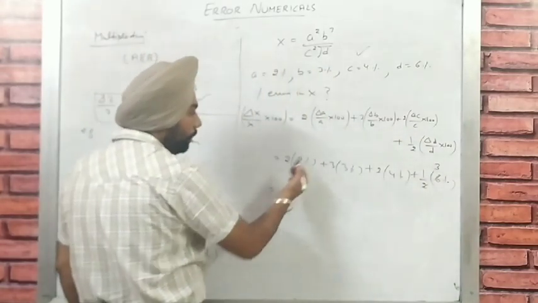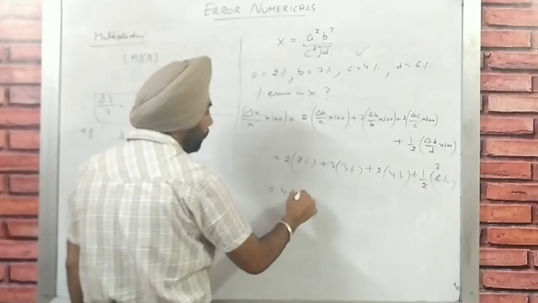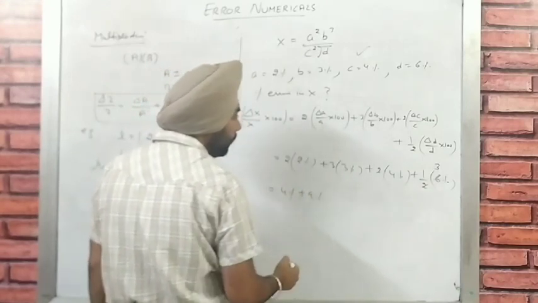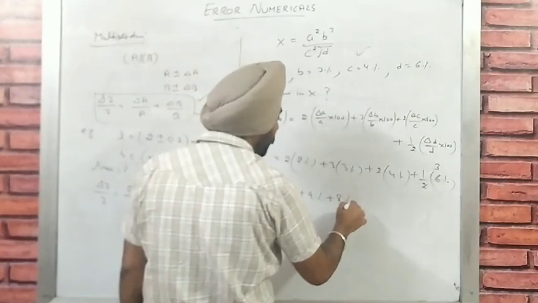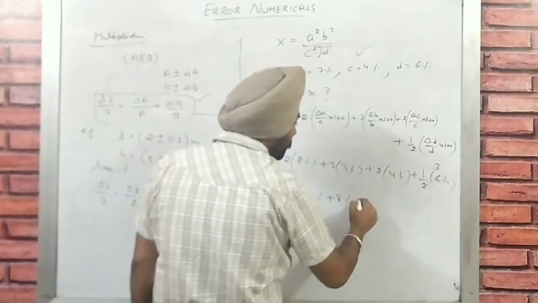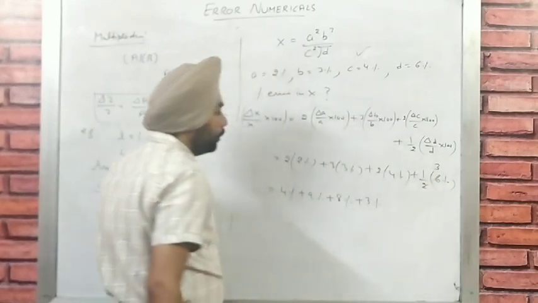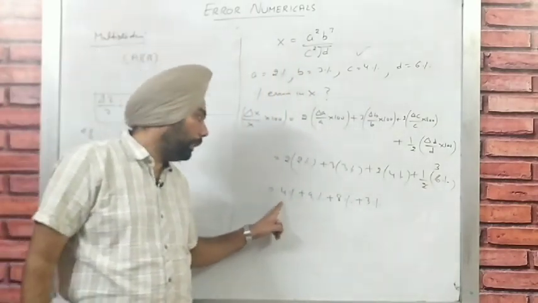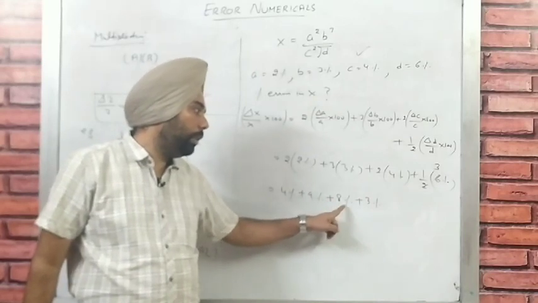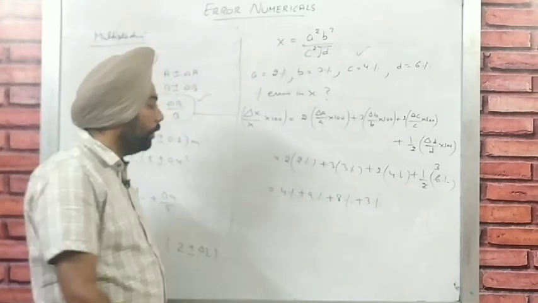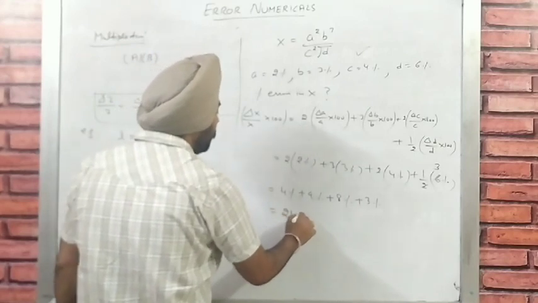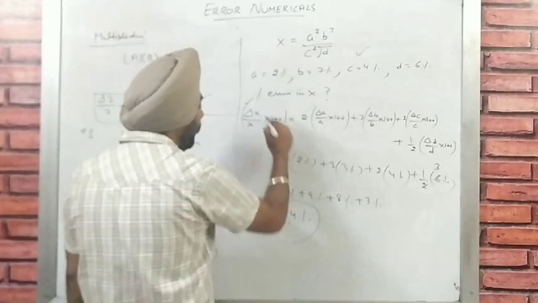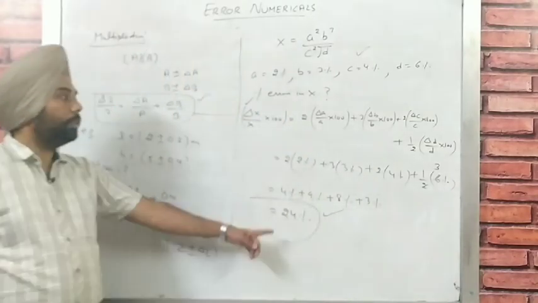So now let's say the answer is going to be 4%. 3 into 3 is going to be 9%. Now 4 into 2 is going to be 8%, and that is going to be 3%. So your final answer is going to be 9 plus 4 is 13, 13 plus 8 is 21, 21 plus 3 is going to be 24. That's your answer for percentage error in x.